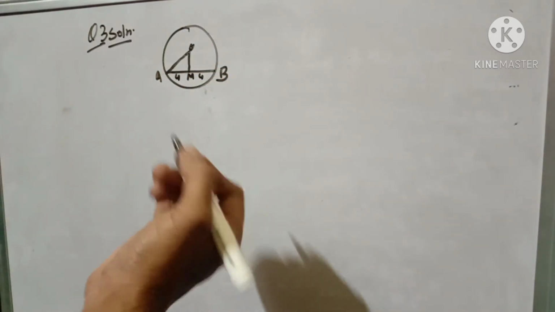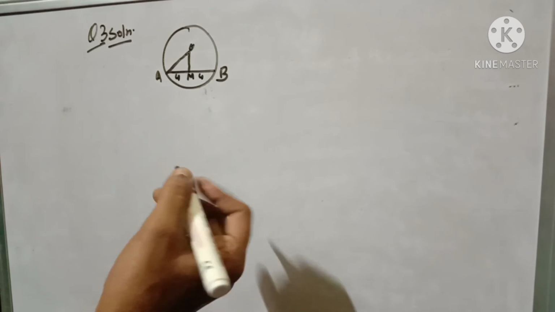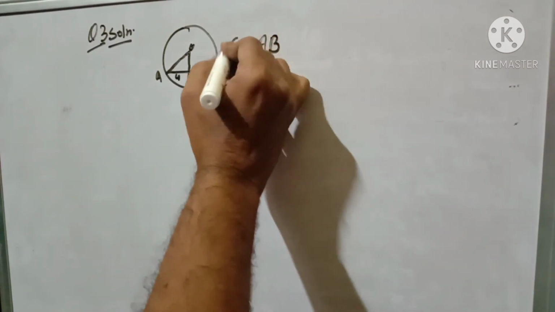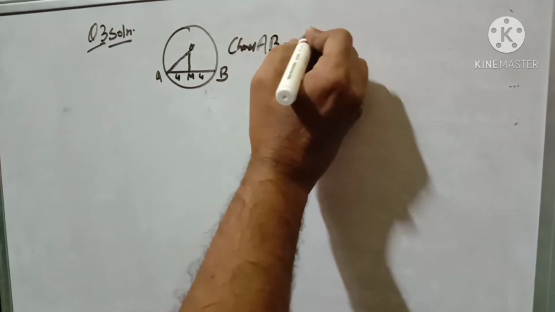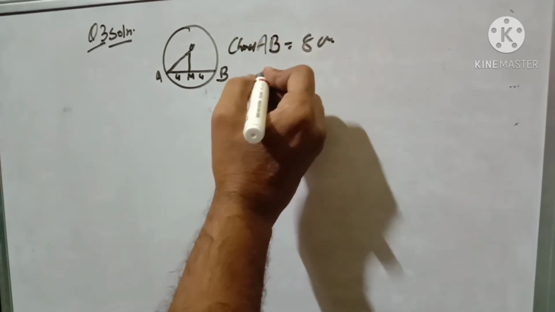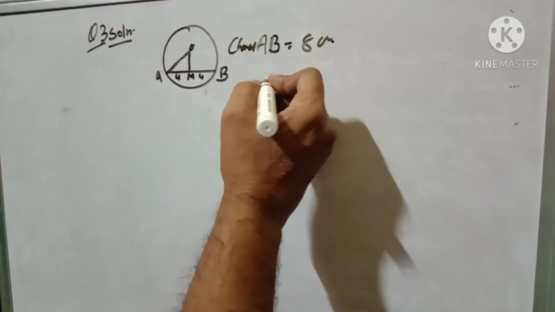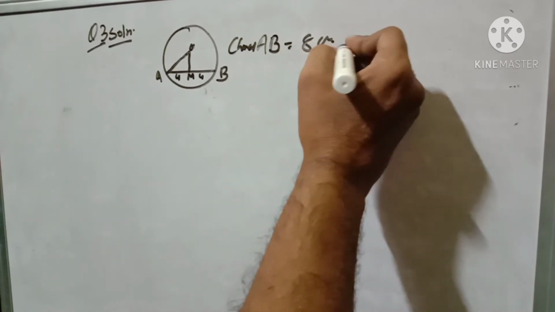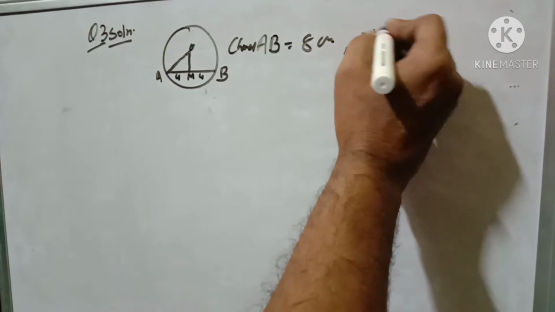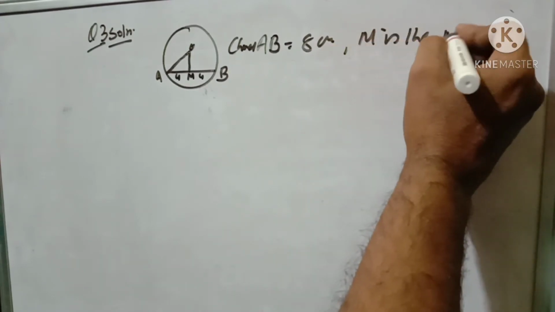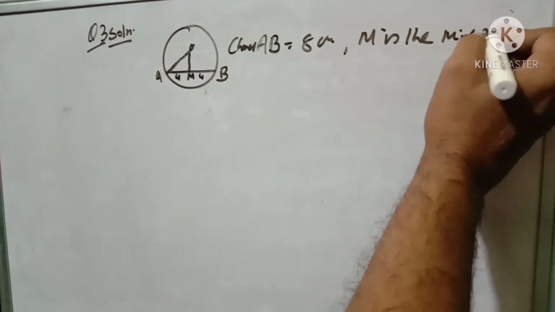So, write down, chord AB equal to 8 centimeter. Therefore AM is the midpoint.